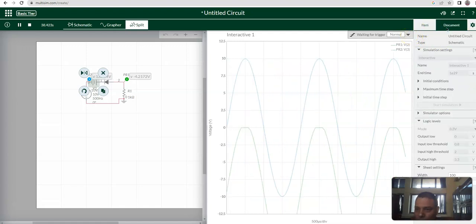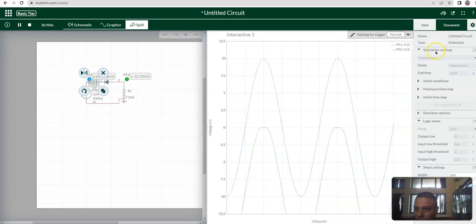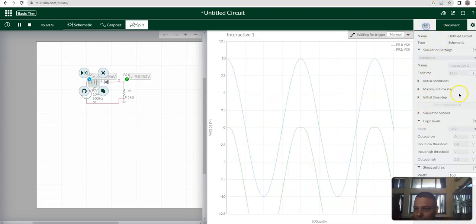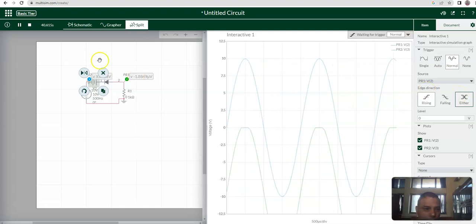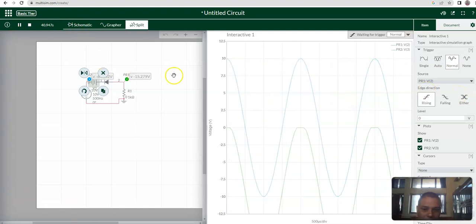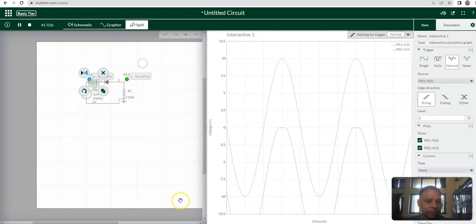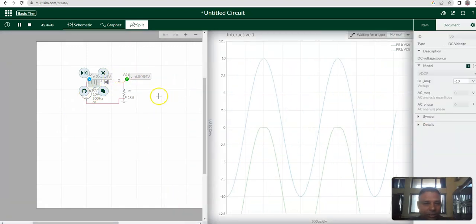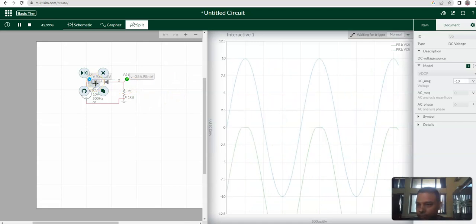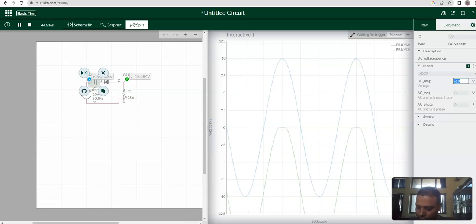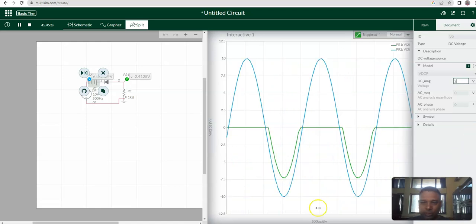And we'll go to document. You can take its screenshot and you can try the different circuits by yourself, like shunt clipper, etc. You can try it by yourself. And if we take it +2, like this. So clipping is performed. This is how we can simulate the clipping circuits.